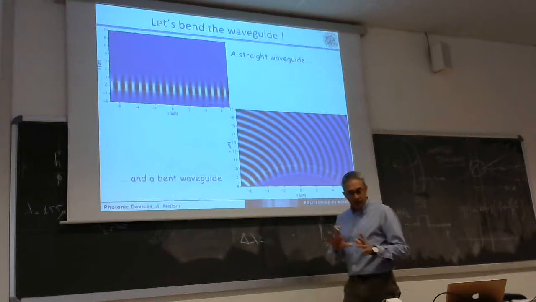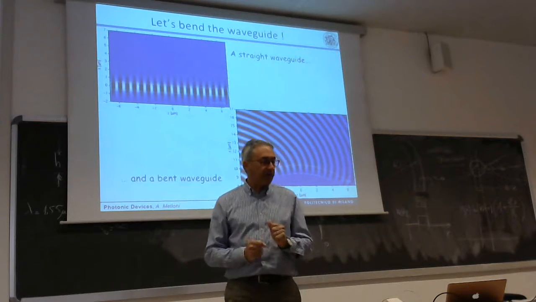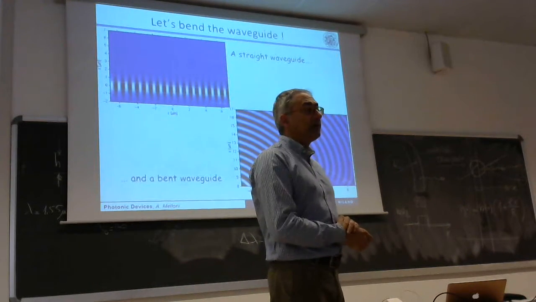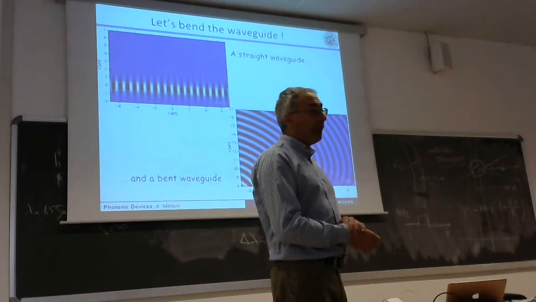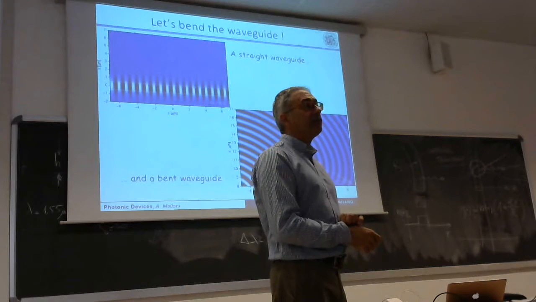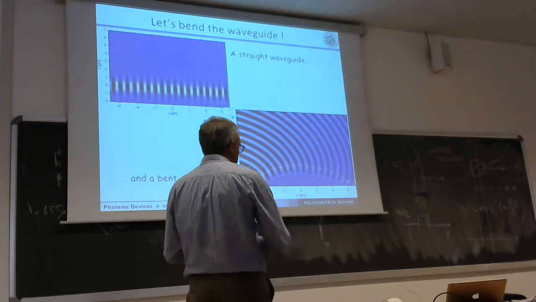So to conclude this very intuitive explanation, a bent waveguide is lossy. A bent waveguide is leaky, even if the bending radius is very large.